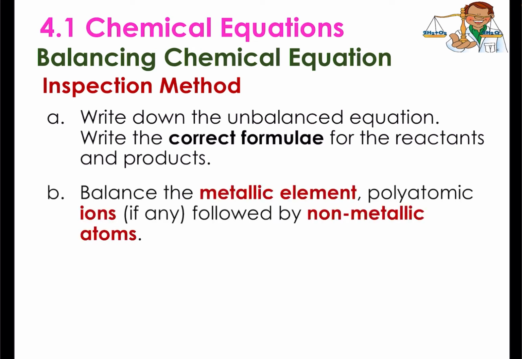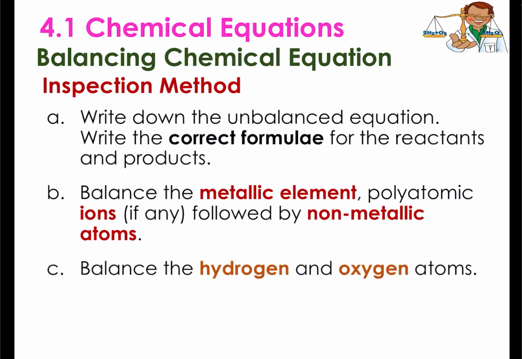Step number 2, you need to balance based on the metallic element first, followed by polyatomic ions if you have it, and followed by non-metallic atoms. So metal first, barulah non-metal. And step 3, you need to balance the hydrogen and oxygen atoms.